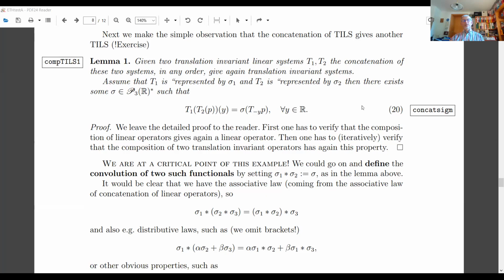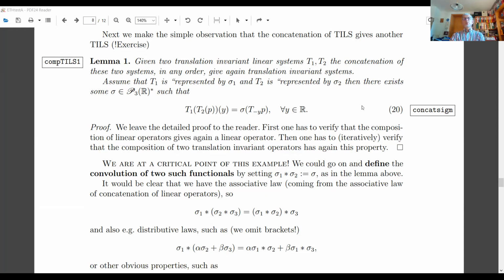Because if you apply a linear mapping to x plus y, you get by the first a sum of the images, and then you apply the second linearity, you get the sum of the images under the composed mapping. And exactly the same happens here. So the composition of two linear systems will be a linear system. The composition of two systems which commute with translation, and that's a very nice exercise, which you should be able to prove in one line, is again an operator which commutes with translations.